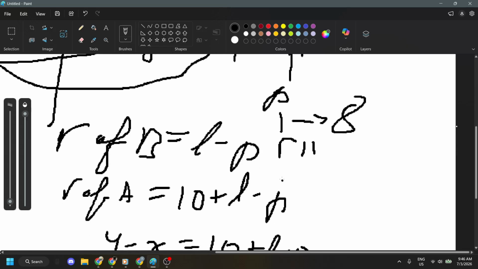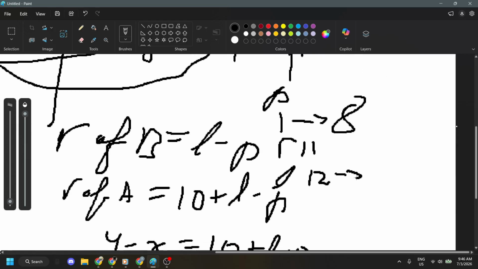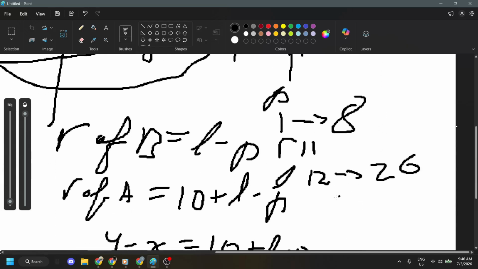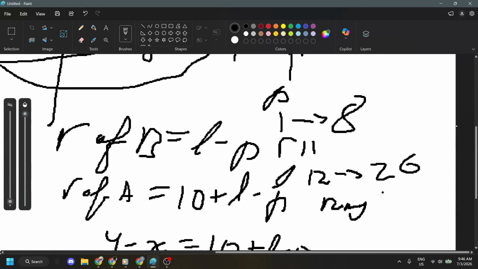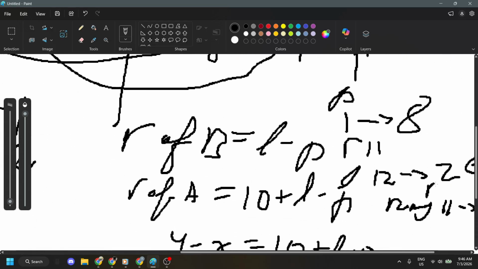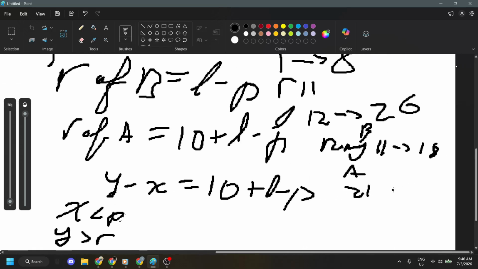R is 11, then L must range from 12 to 26, which means that the range goes from 11 at the smallest to 18. So this is the range of B. So the range of A ranges from 21 to 28.